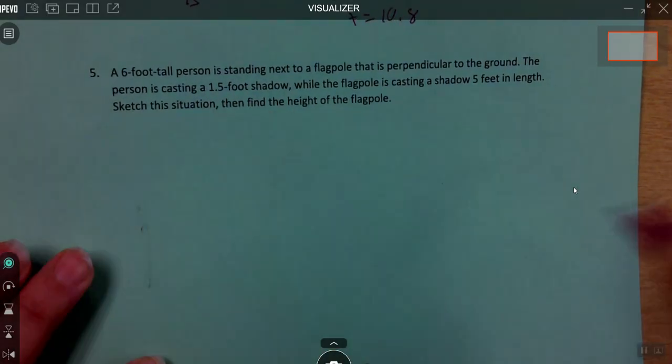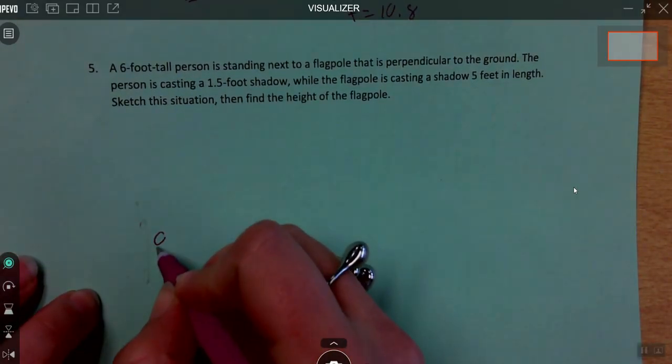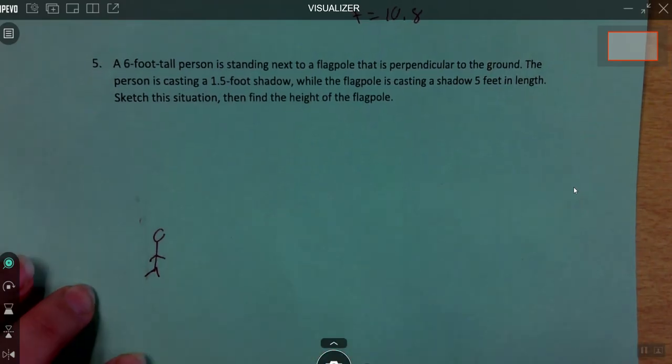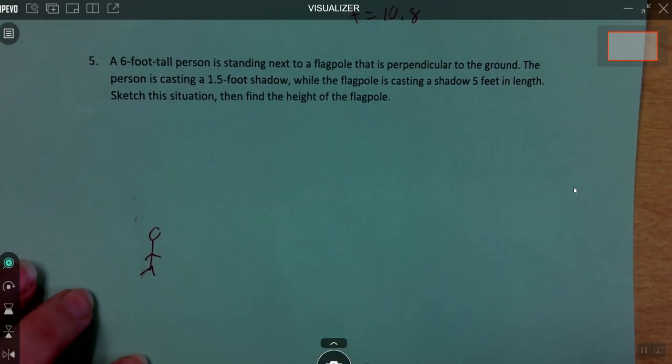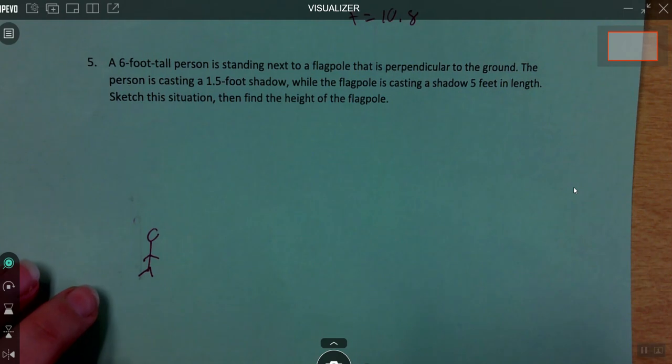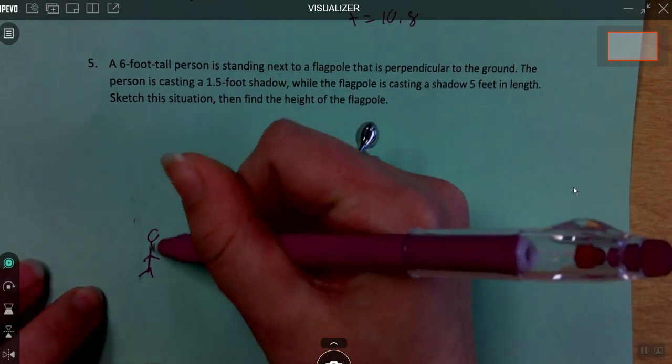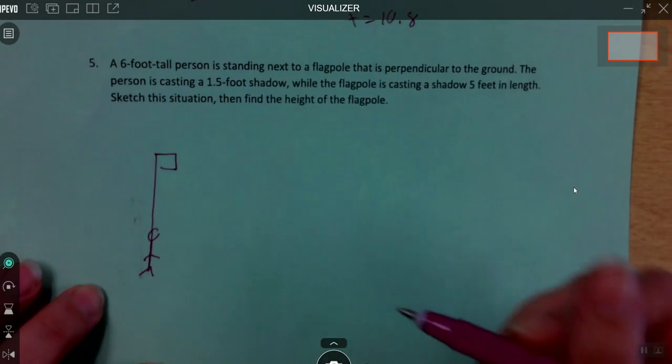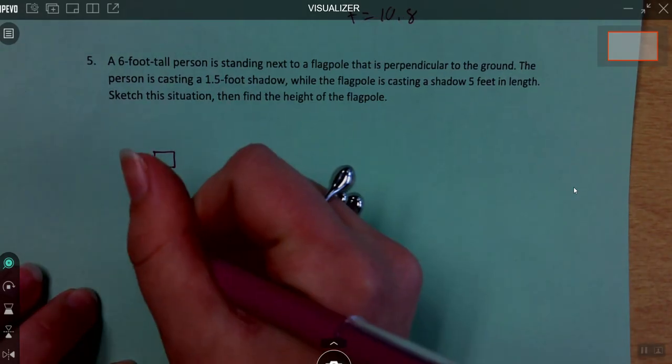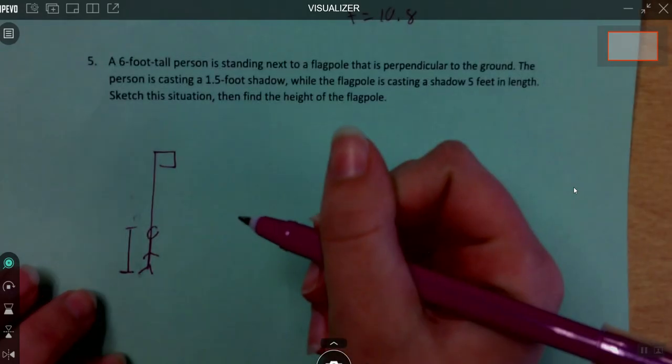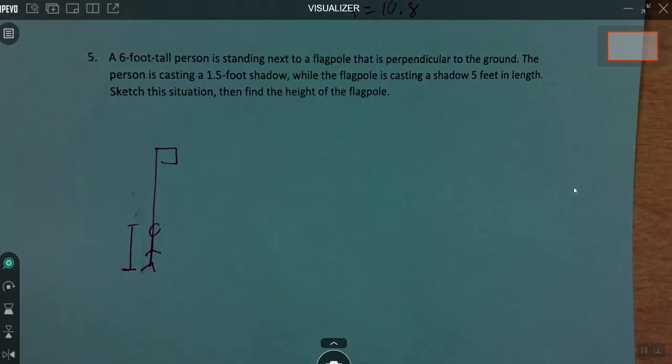He is 6 feet tall, standing next to a flagpole, right next to it. I'm standing next to this thing. I'm hugging the flagpole. Okay, 6 feet.